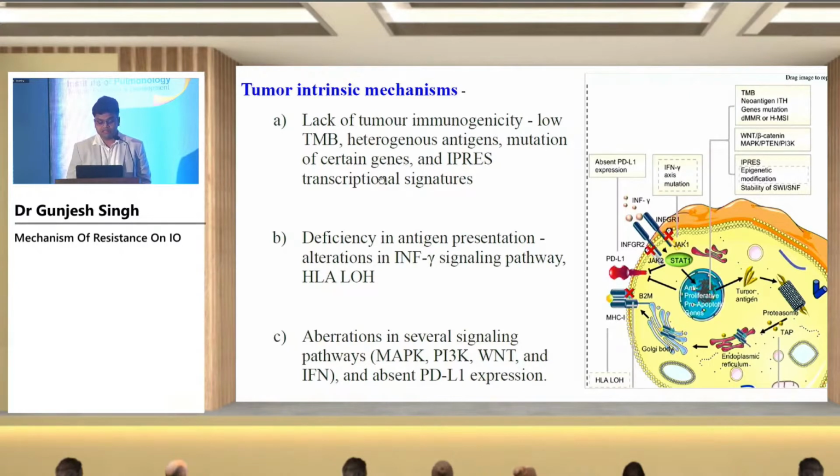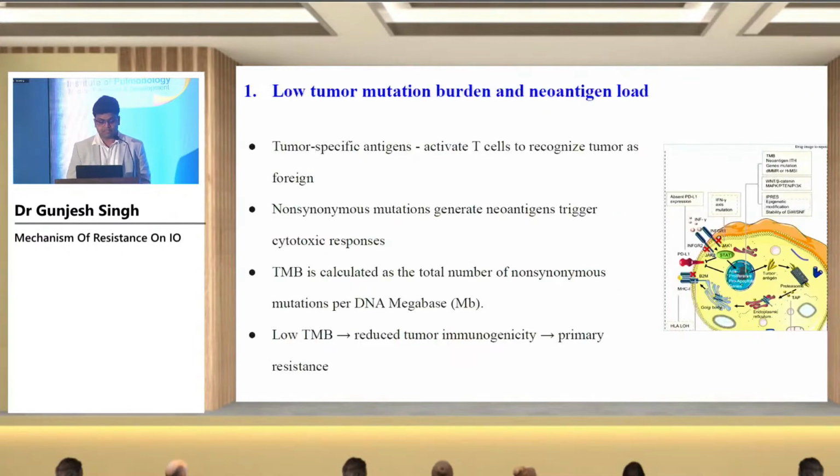Mutation in various genes. Another intrinsic mechanism is deficiency in antigen presentation. It is important: interferon gamma signaling pathway, we will see, and aberration in several signaling pathways such as MAP kinase, PI3K, WNT, and interferon pathways. Defects in these pathways can cause immunotherapy resistance.